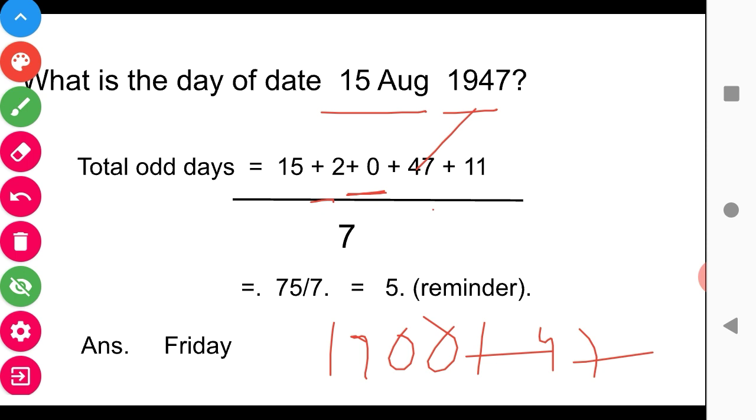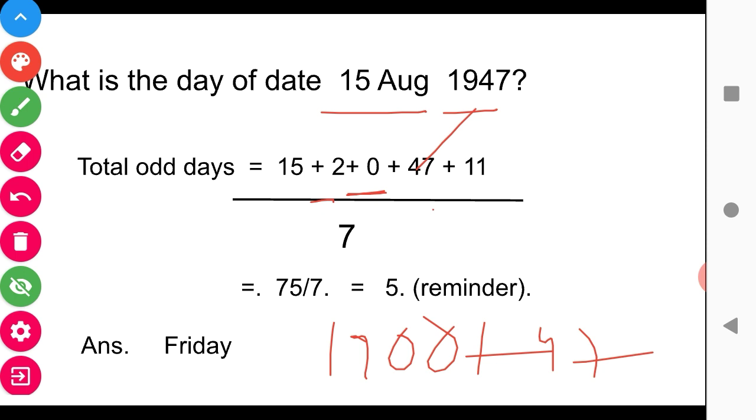For every year we have one odd day, so 47 years give 47 odd days. But the 47 year is not completed, so instead of 47 we have to write 46, since 1946 is completed and in 1947 August 15 is running.